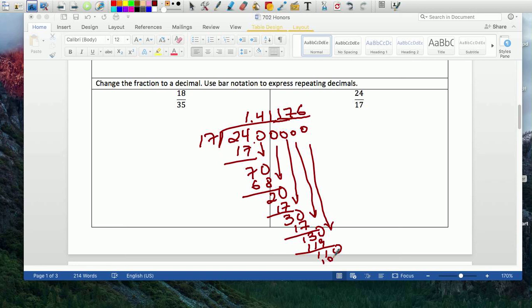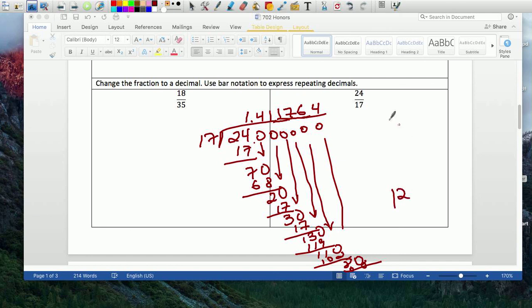102. Gonna have 8 left over. Bring another 0 down. Yikes. 17 times 4. Gonna be 68, right? So let me write 68. You're gonna have 12 left over.